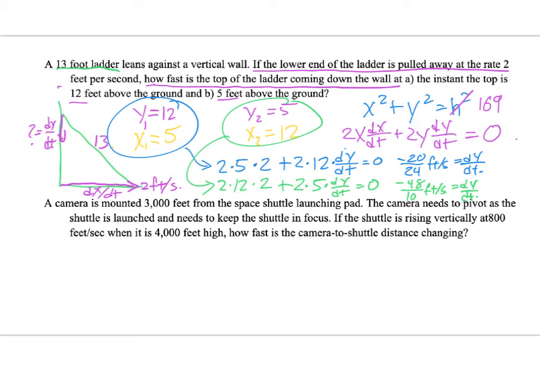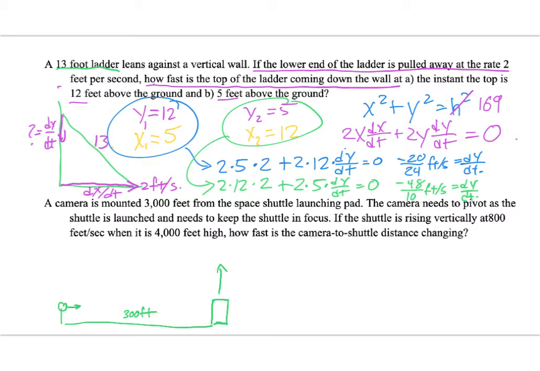All right, so looking at the next one here, we've got a camera mounted. I'm going to draw a very accurate camera. 3,000 feet from a launch pad, so this is 3,000 feet. And the goal is to keep the space shuttle in focus, so I'm assuming this space shuttle, again, very accurate space shuttle, it's going to be there.